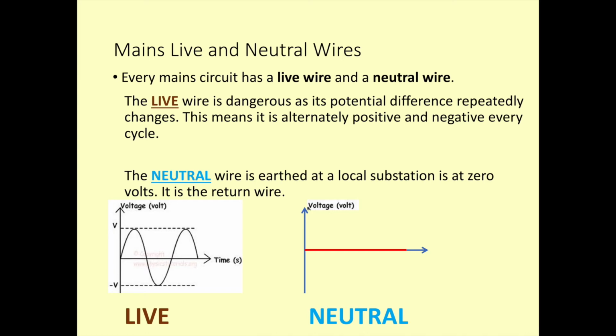Our neutral wire, however, as the term neutral indicates to us, has a voltage as close to zero as possible, and this is because it's earthed at the local substation, and so that allows it to have a zero potential difference.